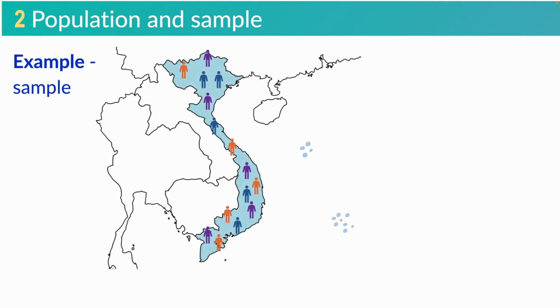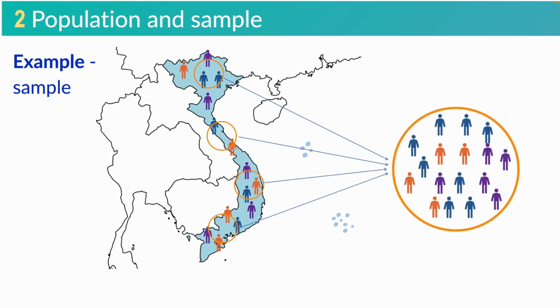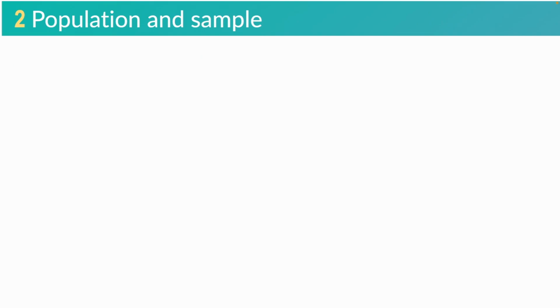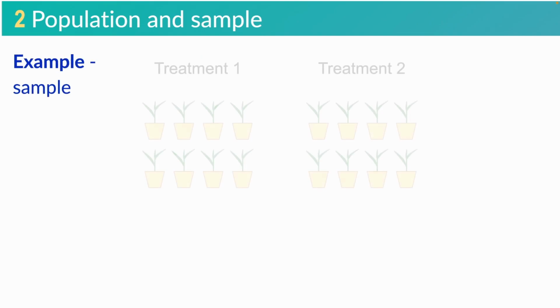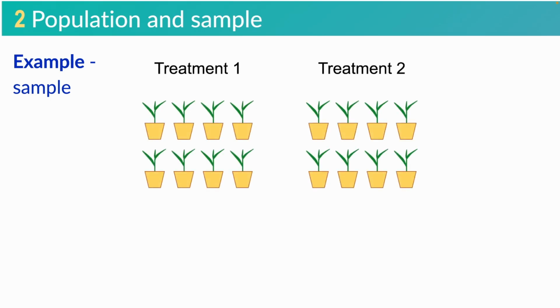To investigate the suicide of Vietnamese men, it is very hard to get the data of the whole country. So a survey was conducted on 1,000 men to estimate the suicide features of the country. The suicides of 1,000 men from this survey are called a sample, and the sample size is 1,000. In life science, for example agriculture or biological sciences, experimental designs often have groups or treatments.